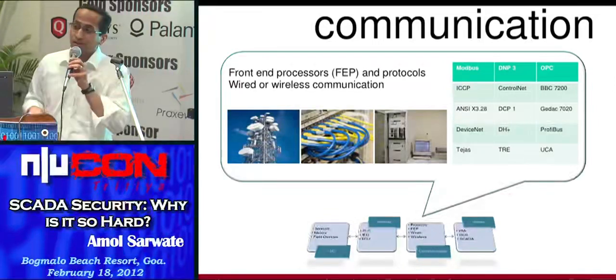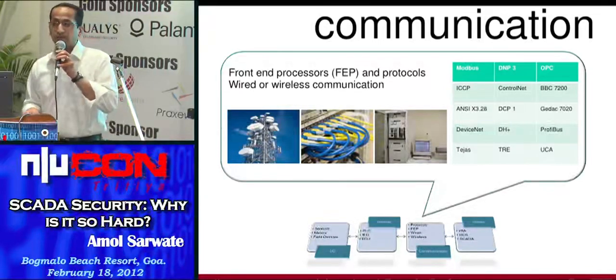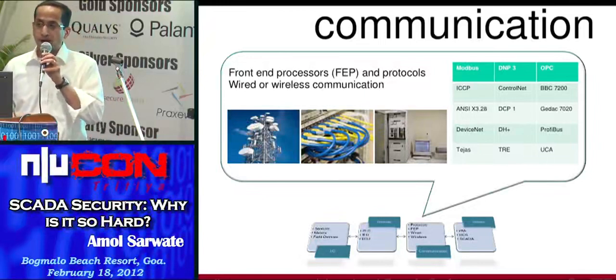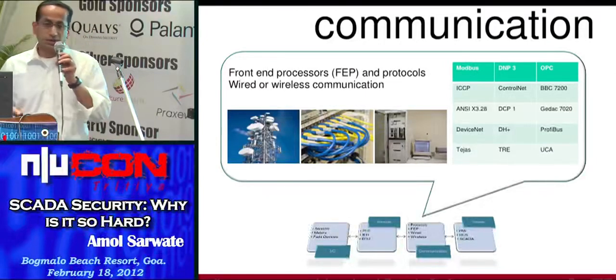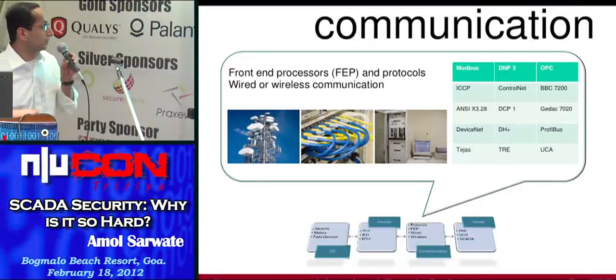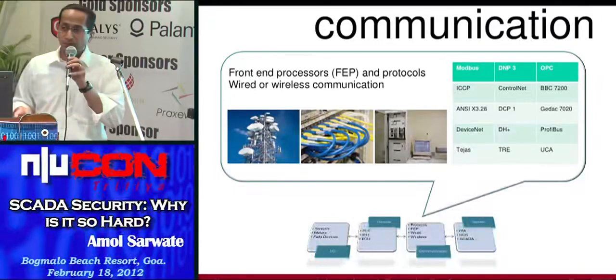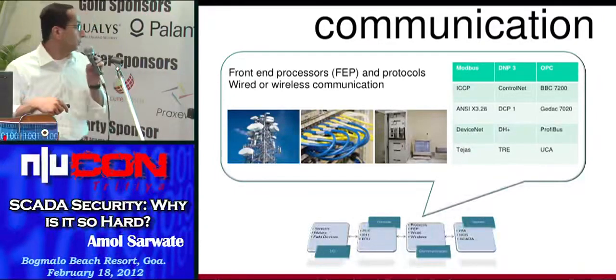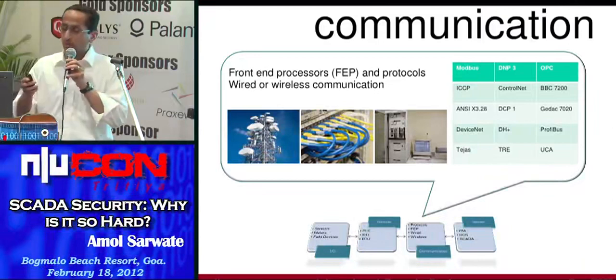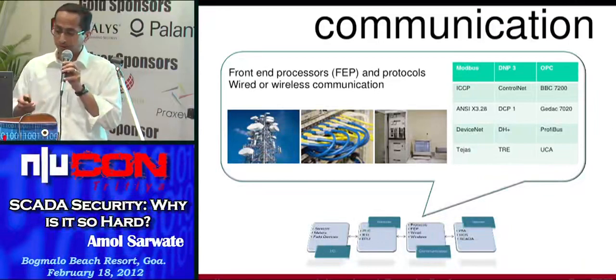It's said that there are more than 100 SCADA protocols, open source and proprietary. I have not been able to count all 100 of them, but I believe there could very well be 100 protocols. Here I have mentioned only the most famous ones: Modbus, DNP3, Tejas, OPC. So basically the remote unit communicates with the master using one of these protocols.